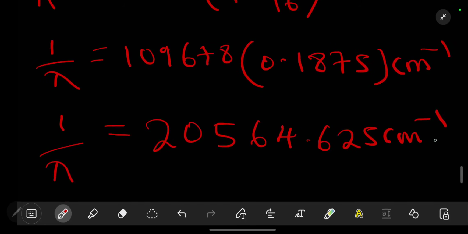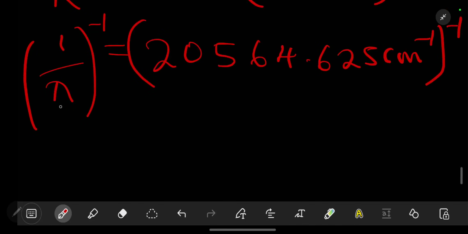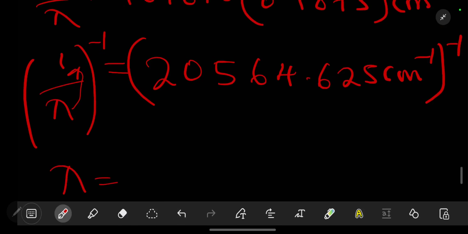Then we are going to apply an inverse to both sides. So that's how come the inverse on the centimeter will disappear. This will go up. So we are going to have the wavelength should be equal to this value to the power -1.